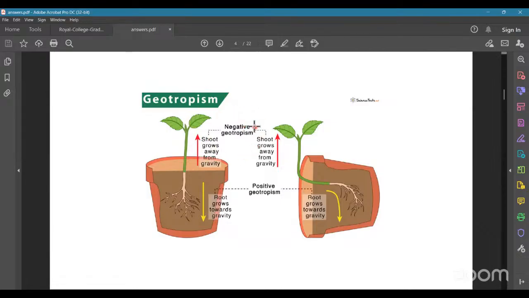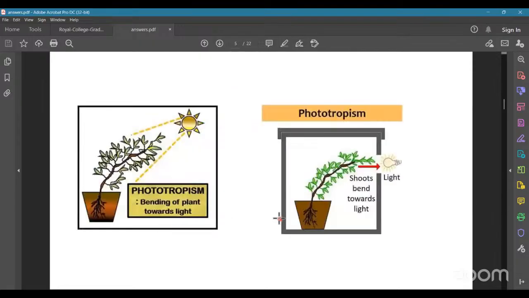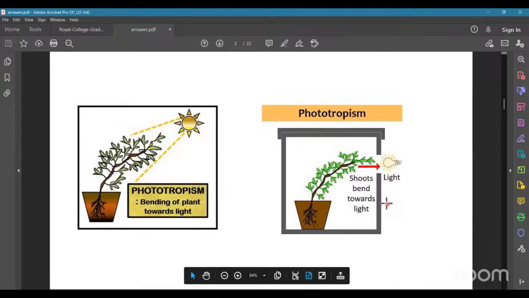We call it negative geotrophism. And also here in phototrophism, light is there, bending towards the light. So here it shows positive phototrophism. Here also there's an experiment, a picture I have included to understand it. Towards light, the shoot is bending. So it is positive phototrophism.